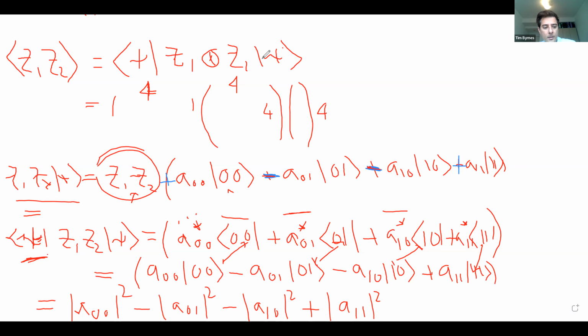And in the final result here, you'd just have A00, A01 with a plus sign, A10 with a plus sign, A11 with a plus sign. Everything would have a plus sign, but then it's a normalized state, so that would always be equal to 1, right? But now with the minus signs, it might not be equal to 1 anymore.